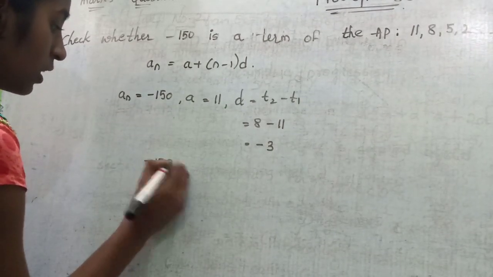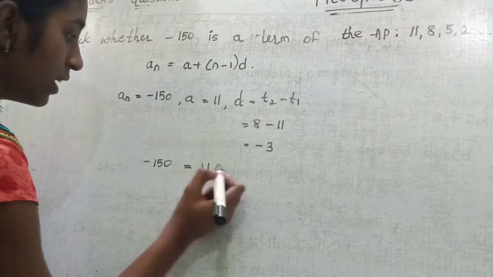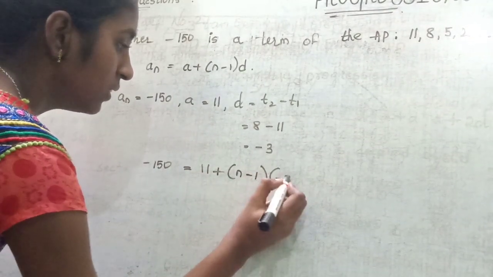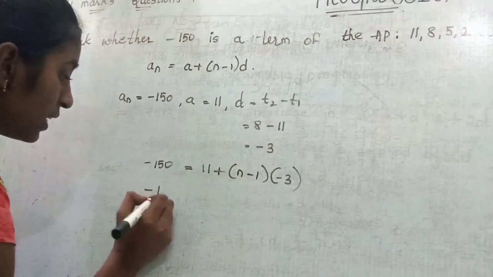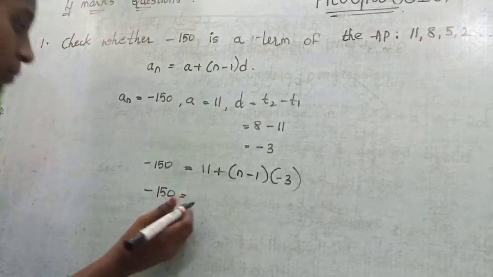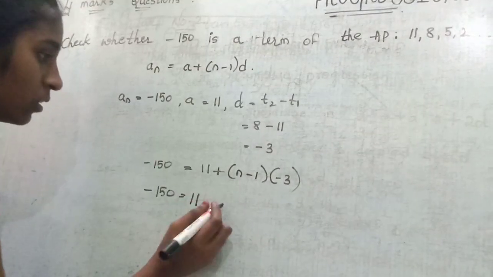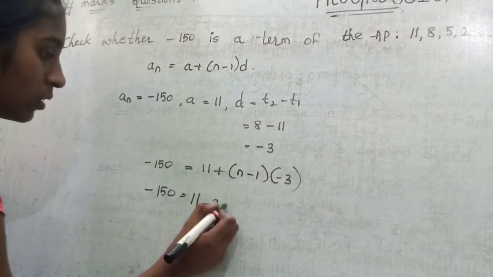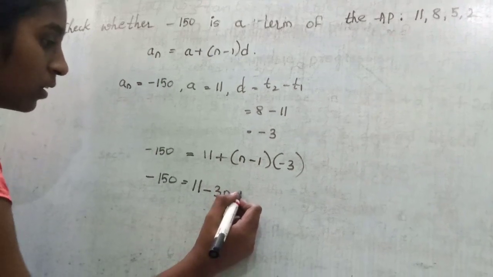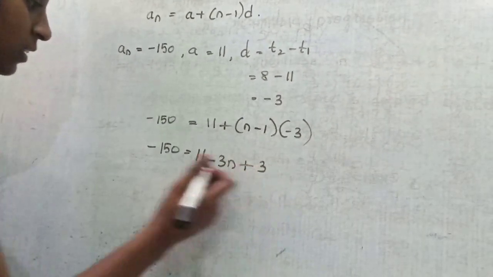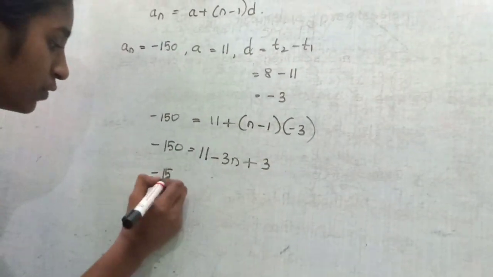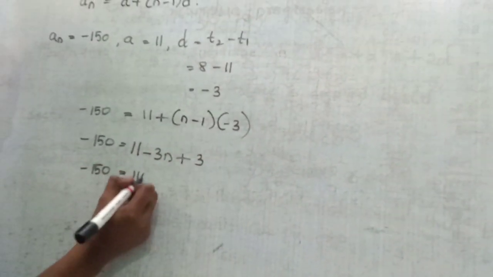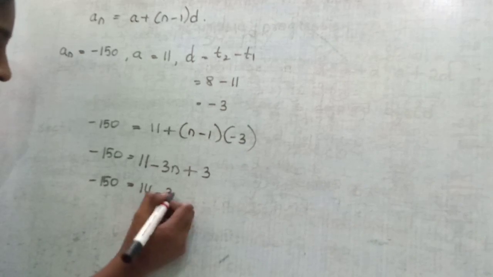Apply these numbers on the formula. Minus 150 is equal to 11 plus n minus 1 into minus 3. Minus 150 is equal to 11 plus, minus 3 into n, minus 3n, minus into minus plus 1 into 3, plus 3. Minus 150 is equal to 11 plus 3, 14, 14 minus 3n.